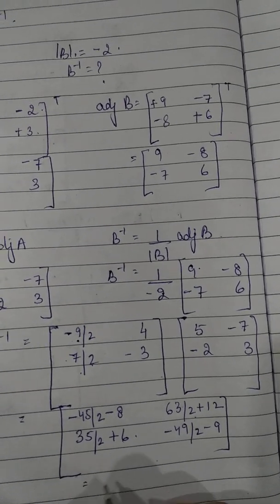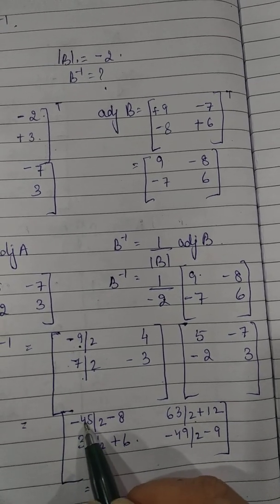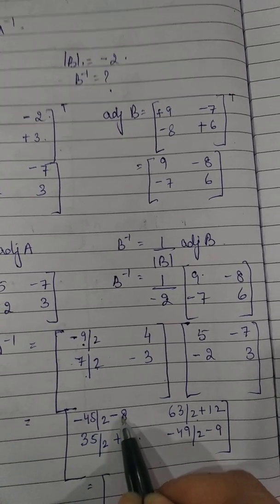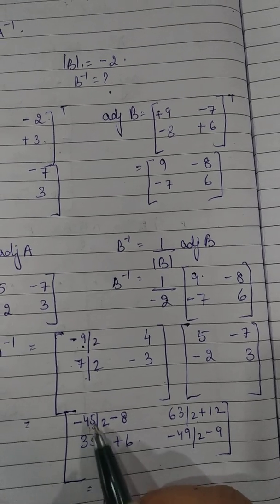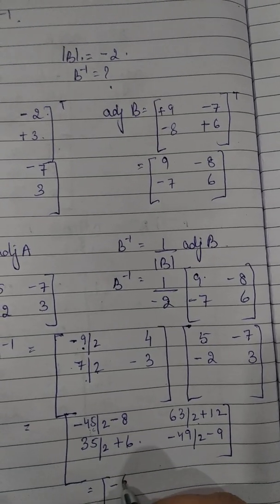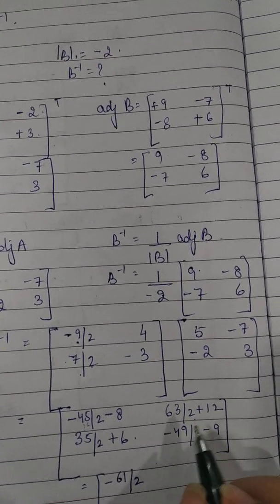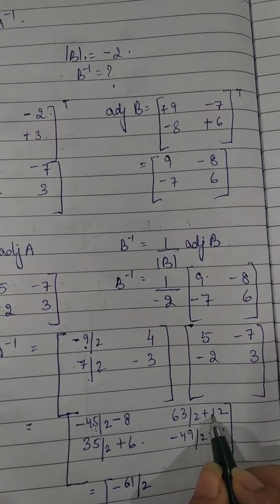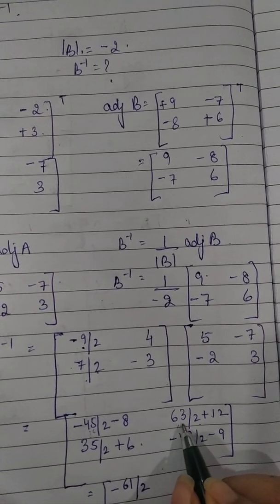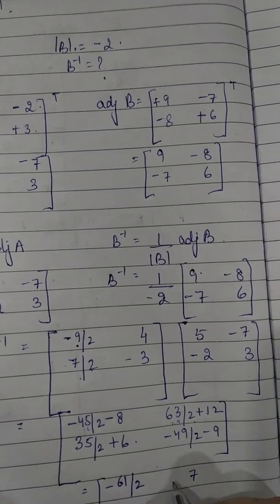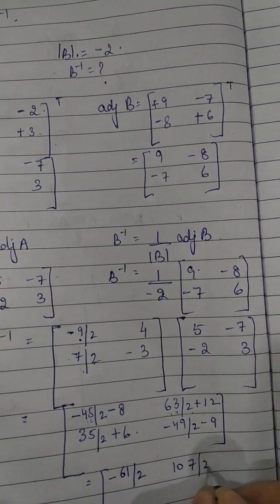On simplifying, we get minus 45 and 16, which gives us minus 61 divided by 2. Simplify 63 by 2 plus 12: 63 plus 24 is 87 by 2.